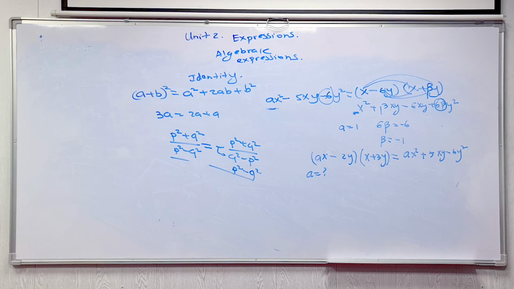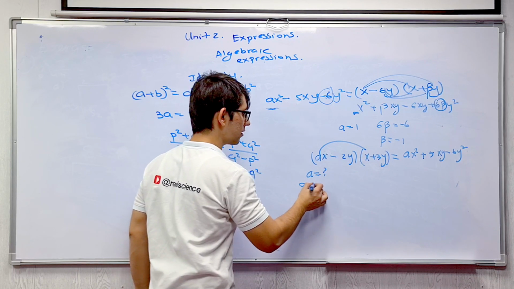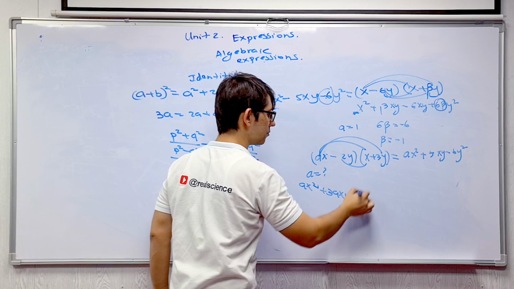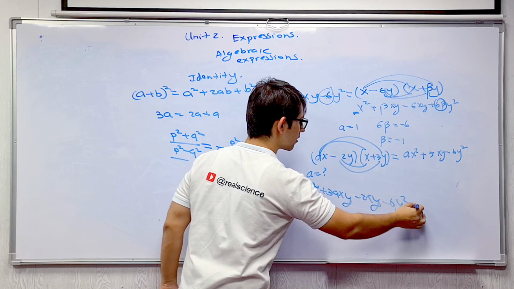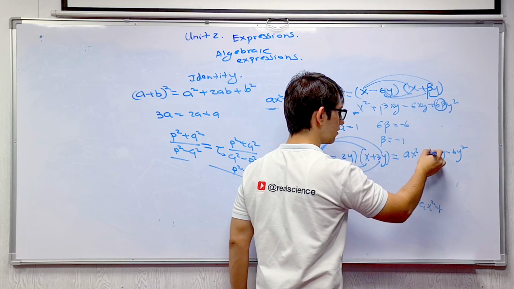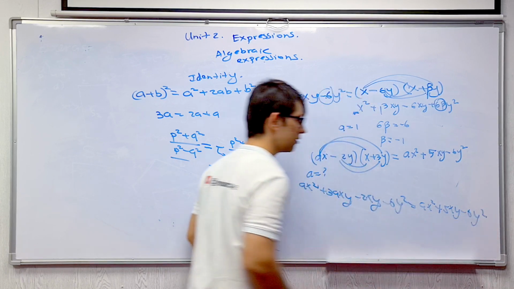Open the bracket first. For the first one, you should open parentheses, right? So, ax squared plus 3axy and minus 2xy and minus 6y squared, which is equal to ax squared plus 5xy minus 6y squared, right?